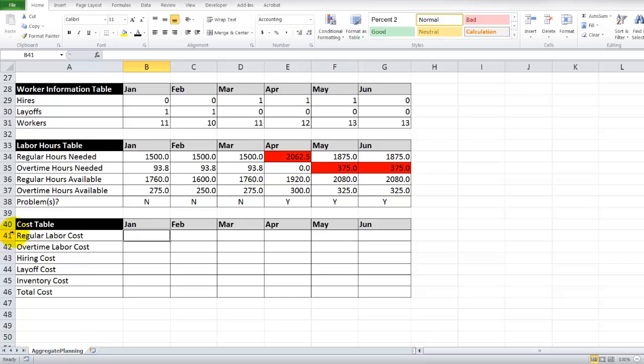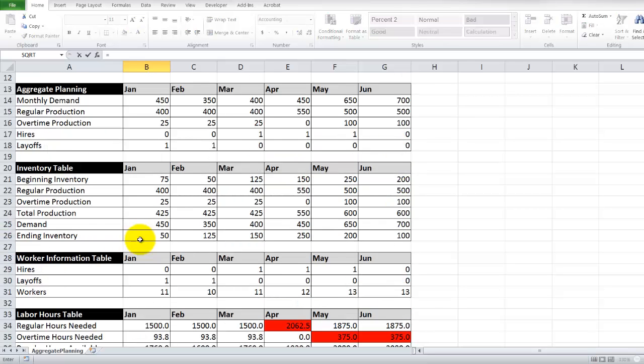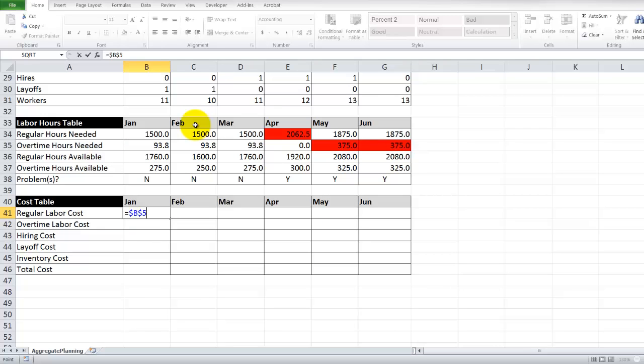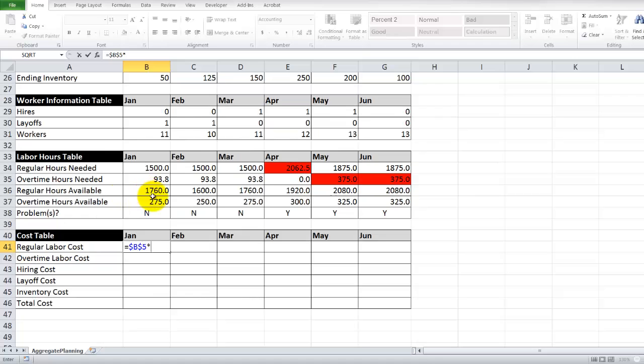So labor cost for regular time. Well, we know for a fact that every employee gets, let's see, the regular wage in the table is regular wage cost per month of $2,500. Let's use our dollar signs, F4 key, and multiply that by the number of employees that we have.